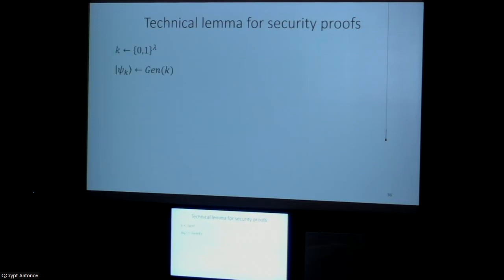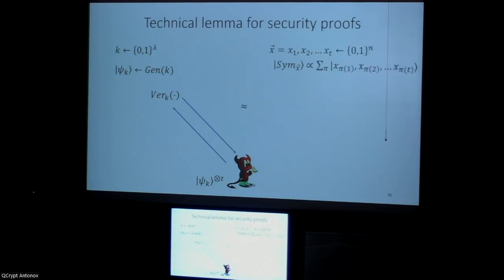In the first experiment, the challenger samples a key k, produces this state psi_k using the generation algorithm, and gives t copies of psi_k to the adversary, as well as access to the verification oracle. And then in the other case, the challenger just samples t uniformly random n-bit strings, x_1 till x_t, and creates this state Sym_x, which is basically symmetrizing over all permutations of t items.